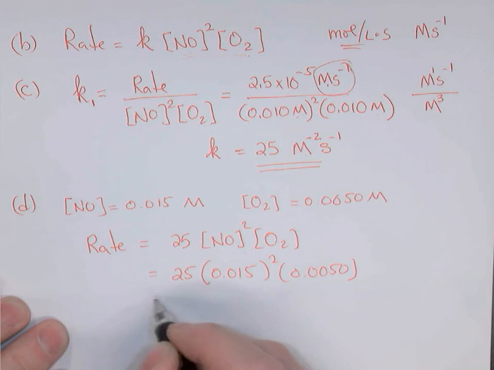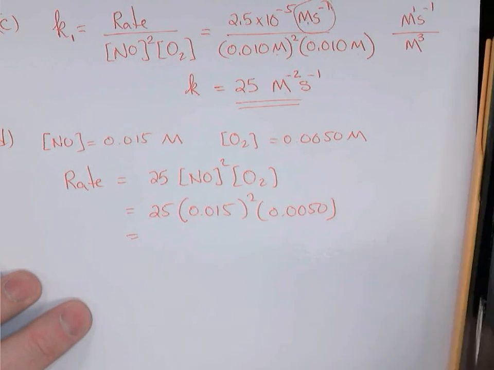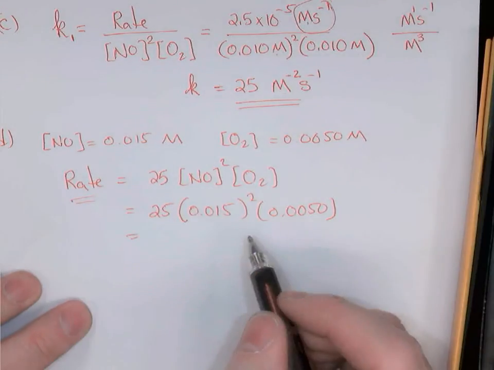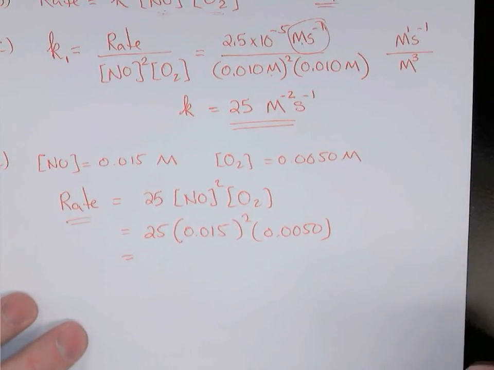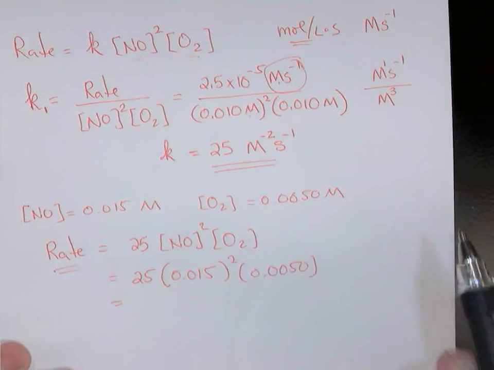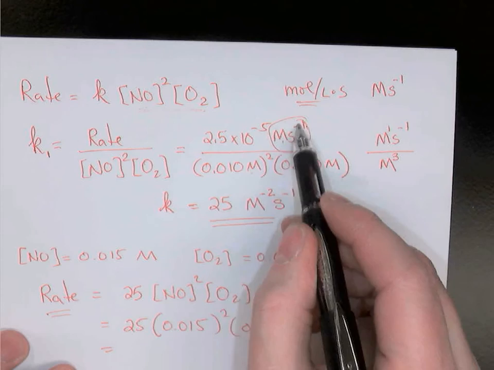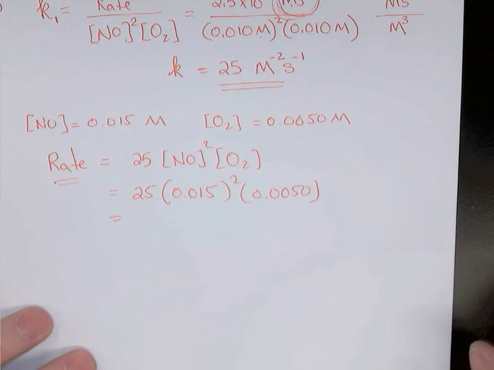0.0050. Now you'll notice I'm being a little lazy not putting the units in here, but the units that I'm going to get for the rate will be the same units that the rate had in the data table. So I don't have to prove that to myself. I'm just going to use the same units for rate over here, molarity per second. That will be the units down here.